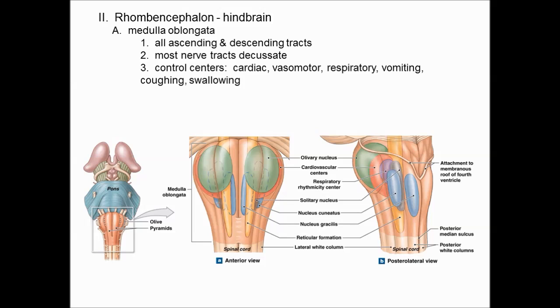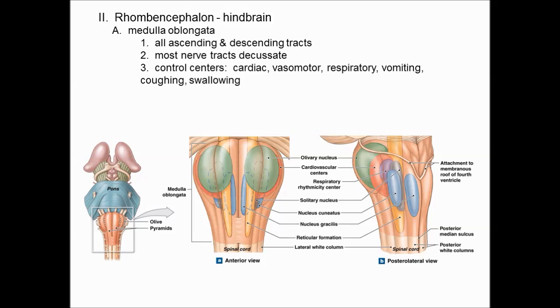The most inferior part of the brainstem is called the medulla oblongata. And as you could imagine, all traffic going up to the brain and down to the spinal cord has to go through that area. So we say all ascending and descending tracts go through there. Most nerves decussate across in the medulla, but as we said, in the pain situation, sometimes the decussation occurs in the spinal cord.